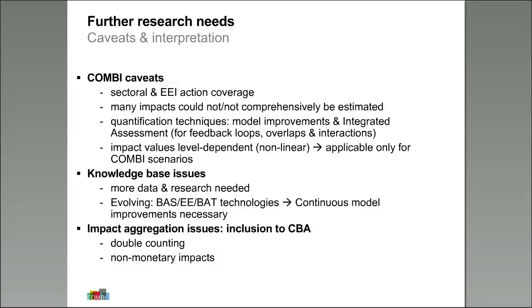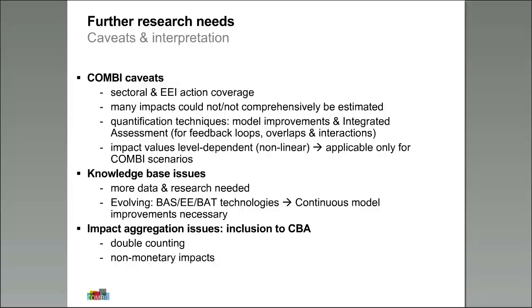In general, there is a lot more data and research needed on the issue, and then related to the summing up of different impacts, the aggregation or synthesis of all this, there's also a lot of work still to be done. One is that impacts may overlap, so you need to be very careful not to do a double counting of impacts. In COMBI, we address this by simply excluding any kinds of impacts where we fear there might be double counting.